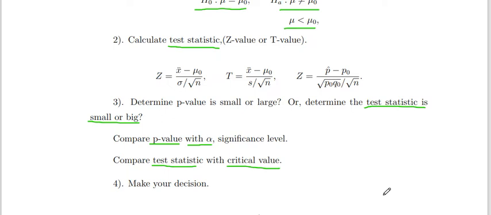To make a decision: if the test statistic is big, we say the difference is significant. If it's not so big, the difference is small, so we can accept it and believe mu equals that number. So this is the one sample problem.